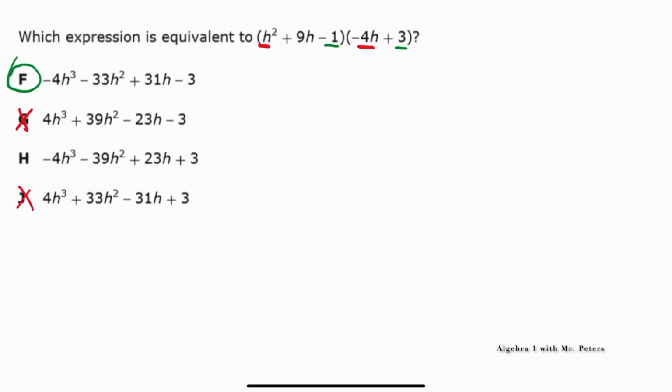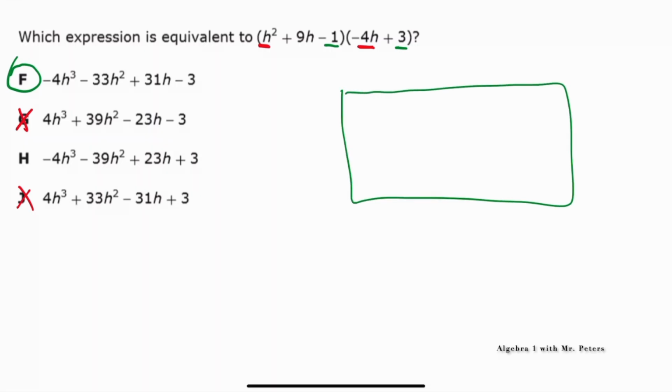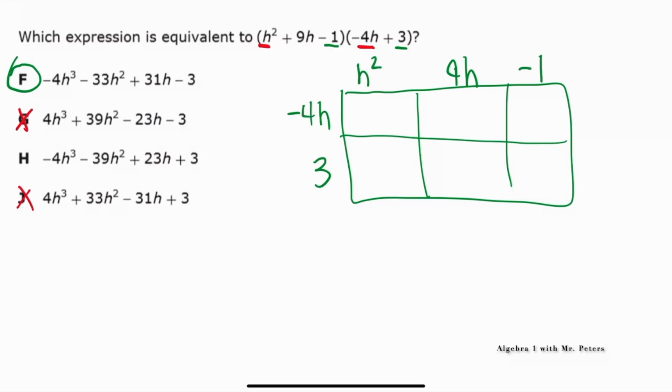However, let's just say you're someone who's like, Peters, I like that method, but I just want to make sure. I'm going to tell you guys, let's use the box method. So we have h squared, 9h, negative 1 on top, negative 4h, 3 on the side.